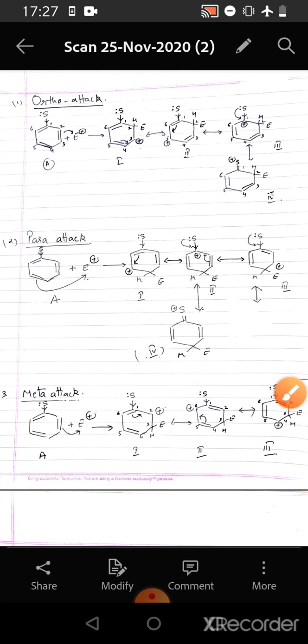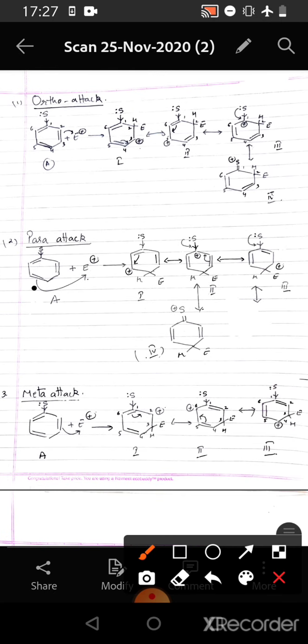In the para attack, the double bond forms a covalent bond with the electrophile, and a positive charge is developed on the fifth carbon atom. By the migration of the double bond within the ring, the positive charge shifts from the fifth carbon to the first carbon to the third carbon, and so these 3 isomers are formed.